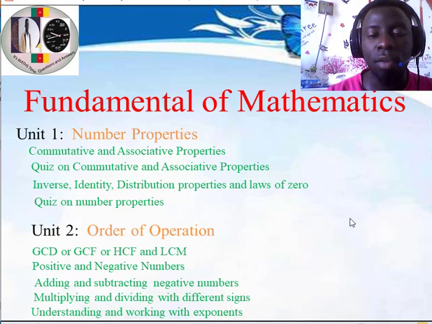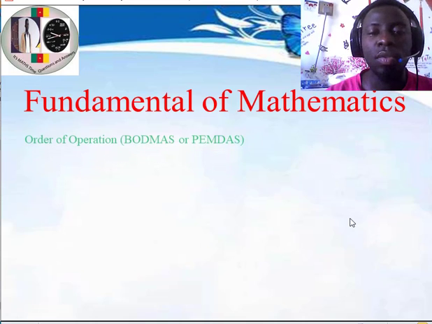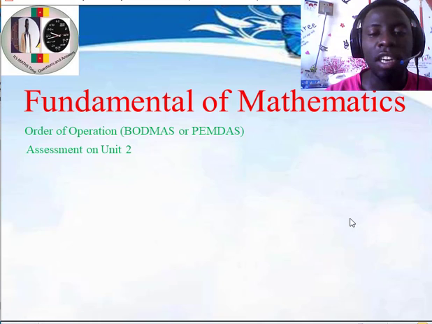Then from there we are going to be understanding and working with exponent. After then we are going to see order of operations, where we are going to be using BODMAS or PEMDAS. Okay, we'll know what the acronyms actually mean in due course. Then we are going to be talking about assessment on unit 2.